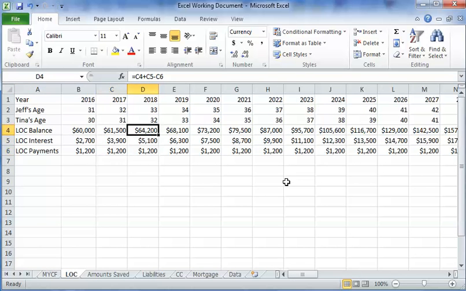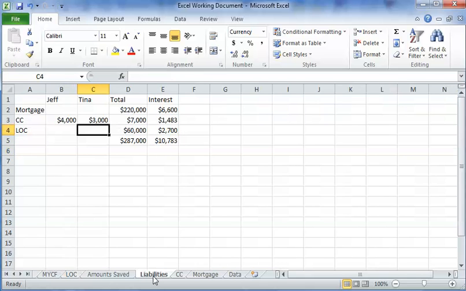So of course, our line of credit is growing because our interest is more than our payments. That's good. So now maybe we come back, and maybe all we're going to do is adjust manually our payment towards the line of credit.